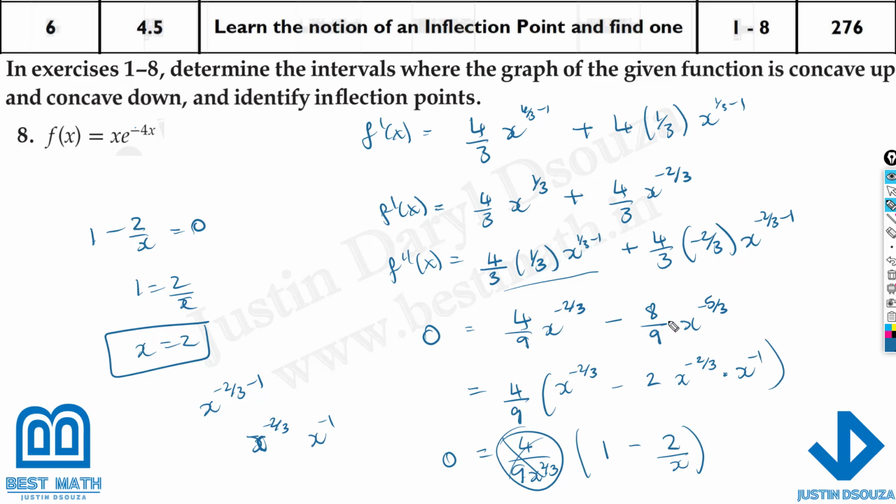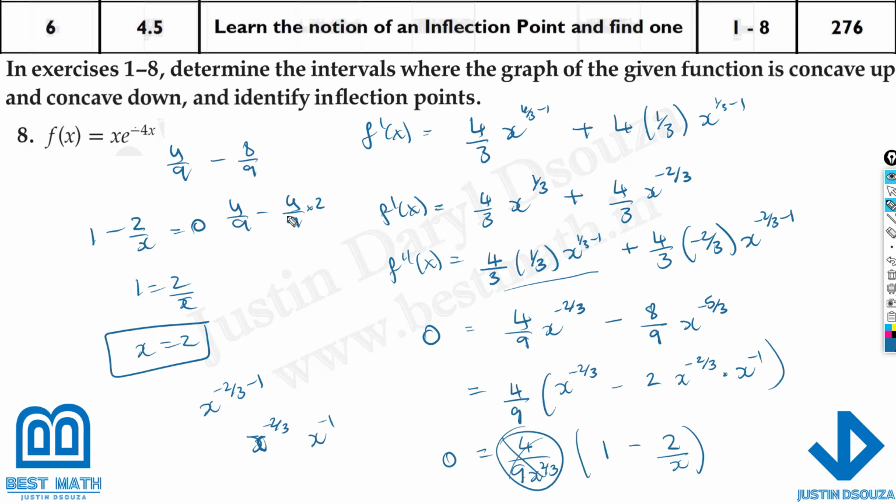So now here I need to remove whatever is common and get the simplified form and make it equal to 0. So what is going out? 4 by 9 is going out, because here we have 4 by 9 and 8 by 9, so 4 times 2 is 8. So here 4 by 9 remains, minus 4 by 9 times 2.